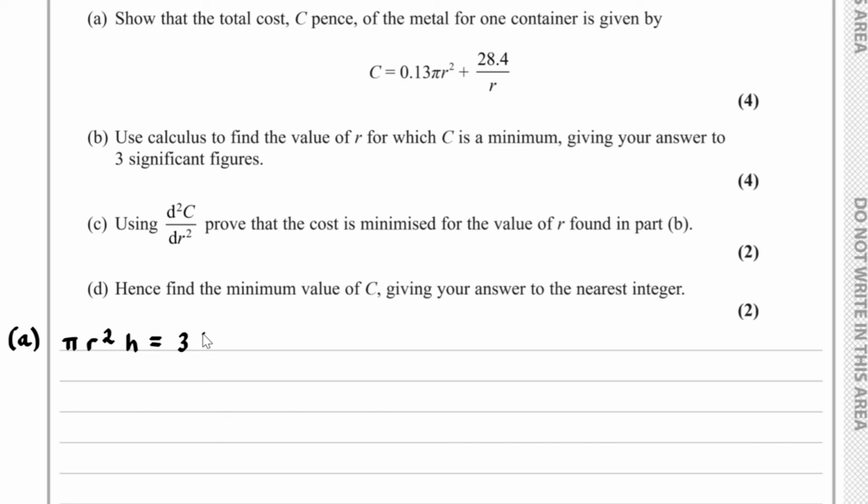And I know that this is equal to 355. Now, if I take a look at what C is, C doesn't contain anything involving h. So at this point, let's rearrange for h. And if I do that, I end up with 355 over pi r squared.